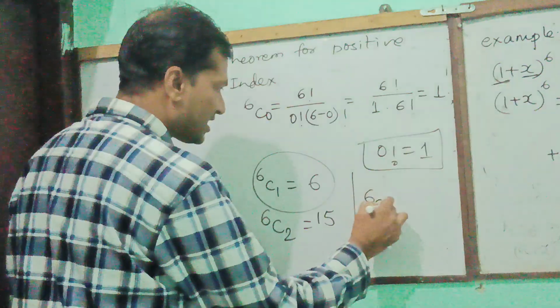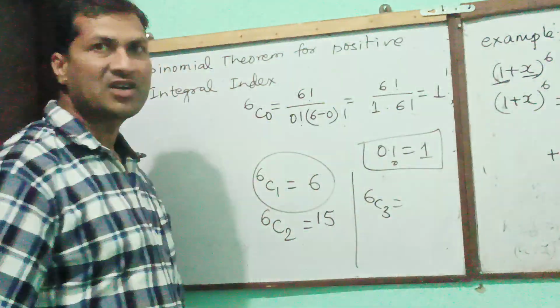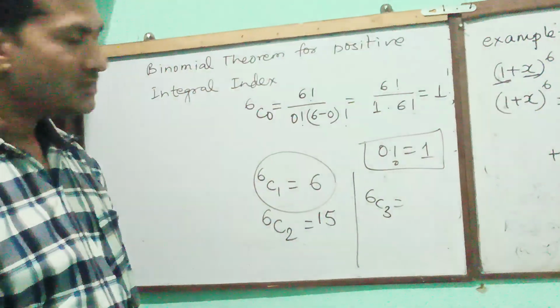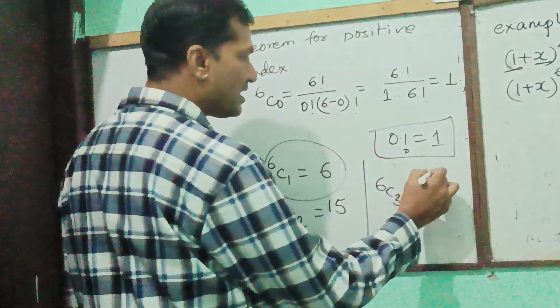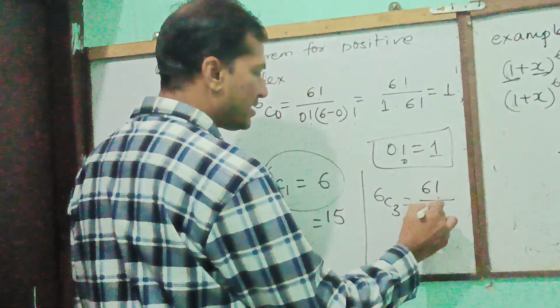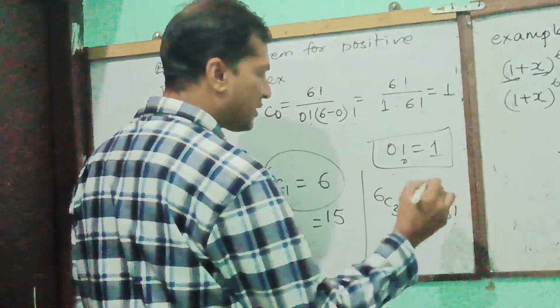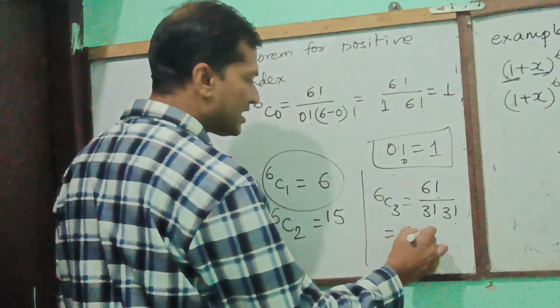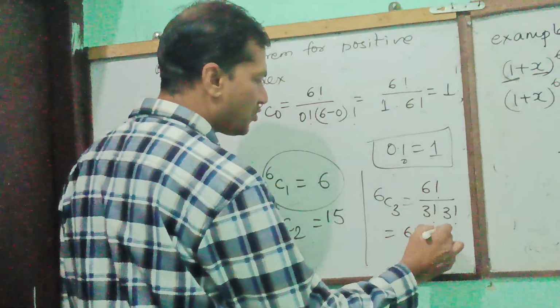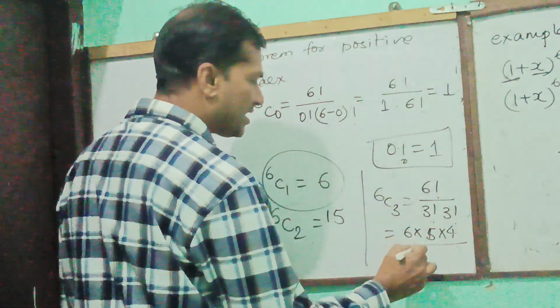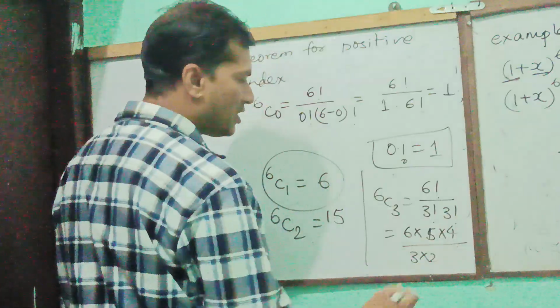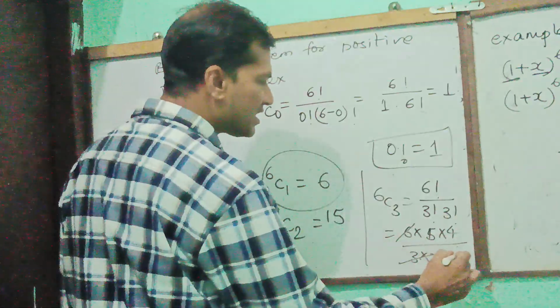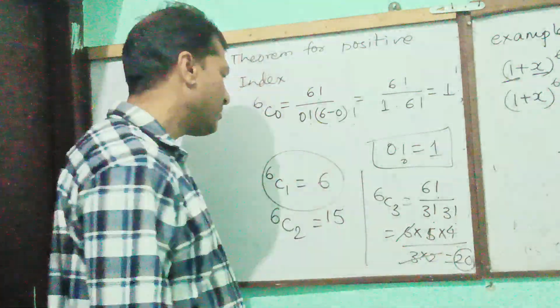6C3. It means 6 factorial by 3 factorial into 3 factorial. So 6 into 5 into 4 divided by 3 into 2. So 6 cancels, and this is ultimately coming 20.